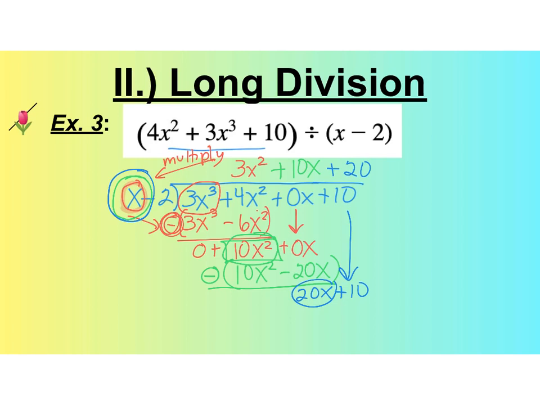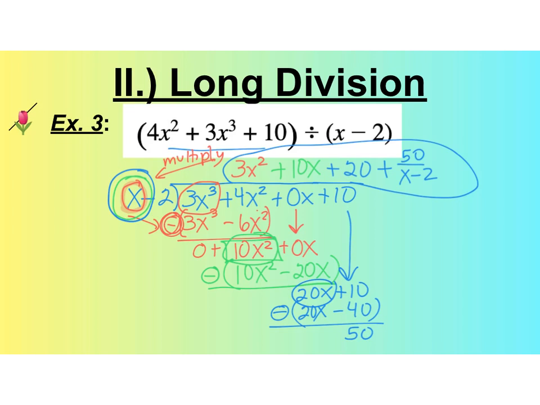Multiply 20 by negative 2, I get negative 40x. 20 times x is our 20x. Parentheses, subtract. What is my remainder? Be careful. 10 minus a negative 40 is 50. So that 50 is going to go over my divisor, so we're going to write plus 50 over x minus 2. That is my long answer.